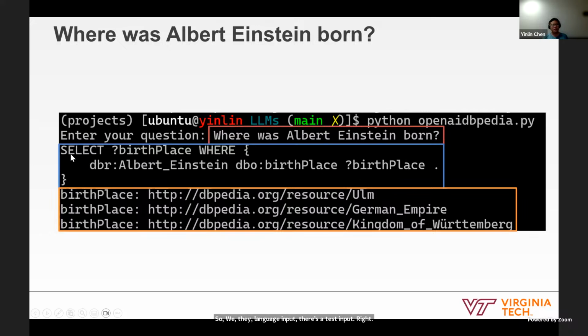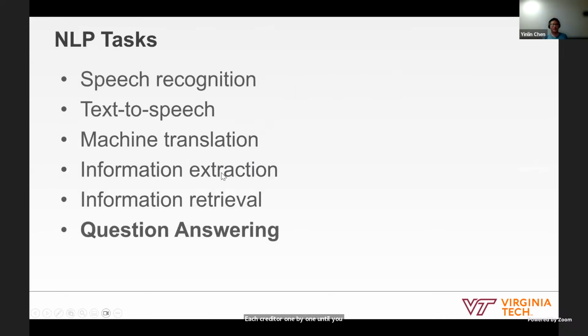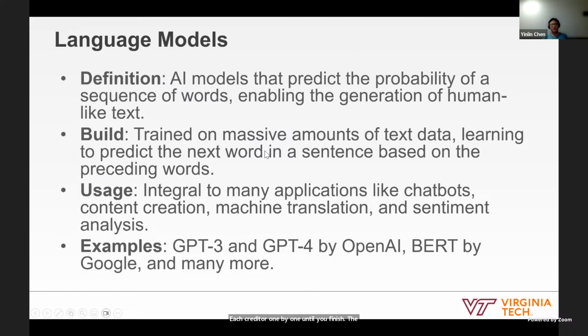Actually each character in here is predicted. Okay, so it predicts S and the next E and the next L and then continues. Okay, so how the machine works is it predicts the next character, predicting each character correctly one by one until it finishes the prediction. Okay? So this is how a language model works. Okay? We use a lot of text and build the language model to predict the next word in a sentence.